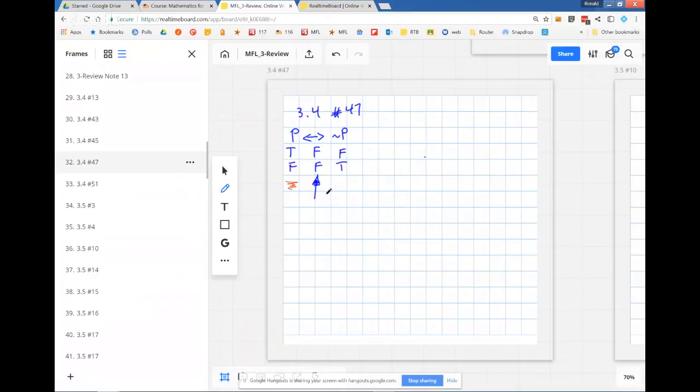Would I have to go backwards to do the false, true, true, false to figure out if it's the same answer? I'm not sure what you're referring to.